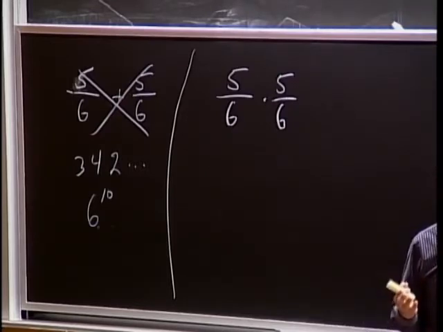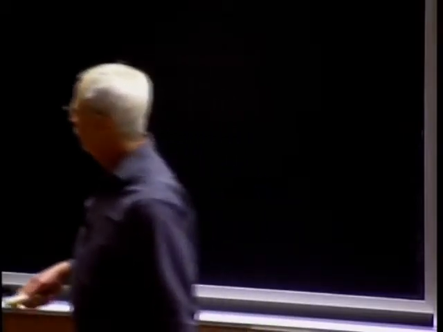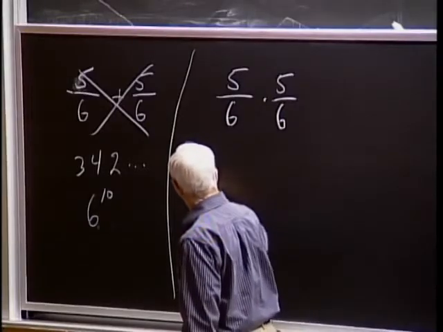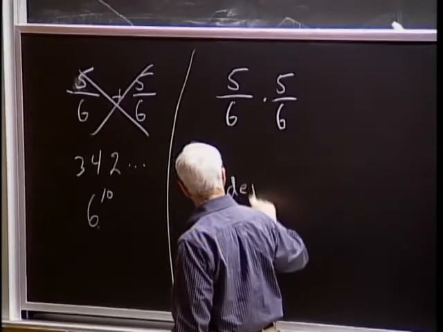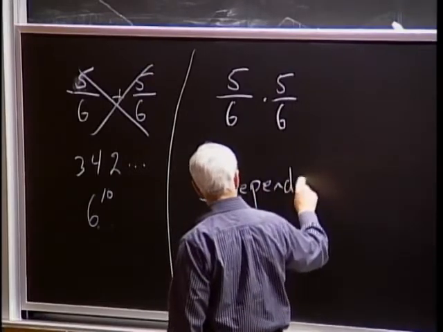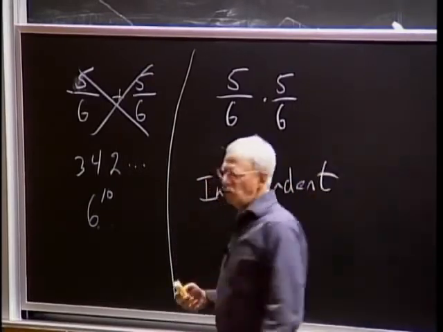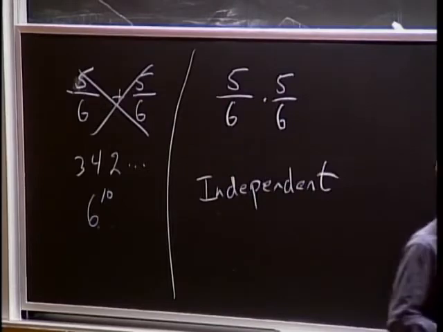That makes sense? Because these are independent events. And that's a key notion here. I'm assuming that whether I get a 1 on the second roll is independent of whether I got a 1 in the first roll.